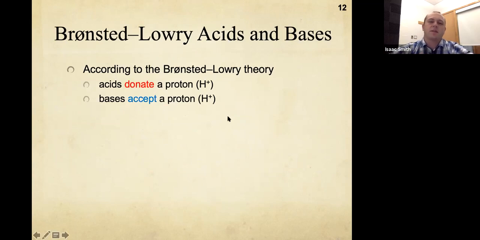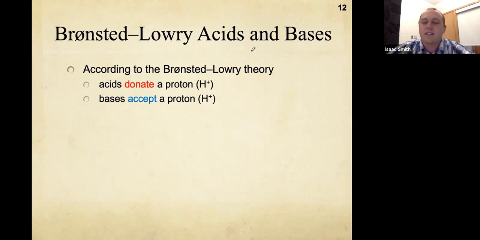Okay, so now let's talk about the Bronsted-Lowry acid-base definitions. So in these definitions, basically all there is is that acids donate a proton and bases accept a proton, okay? Protons are, you've probably already seen, denoted by H+.